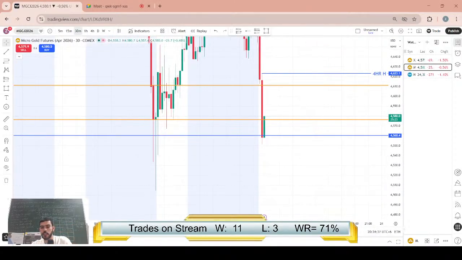Okay, that's nice. It's pushing back into the range now. We can take some buys if it actually closes inside the range. Give me a second.